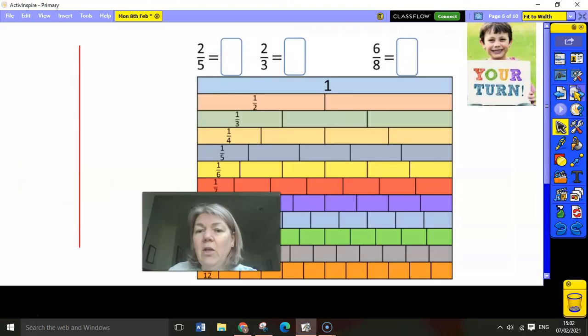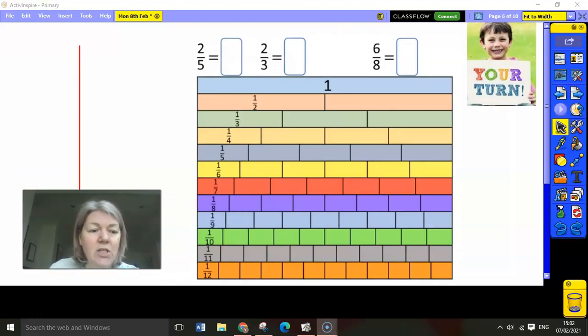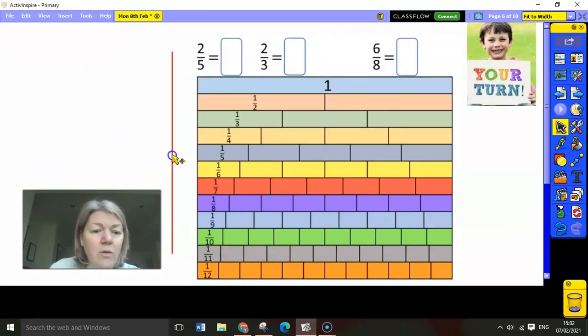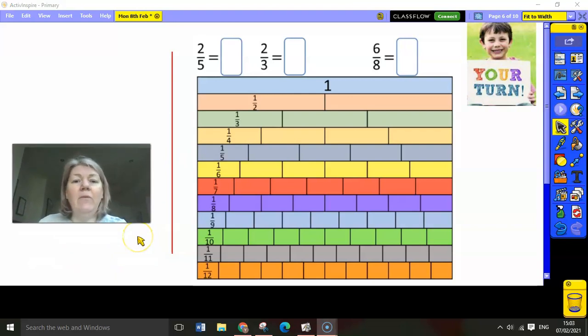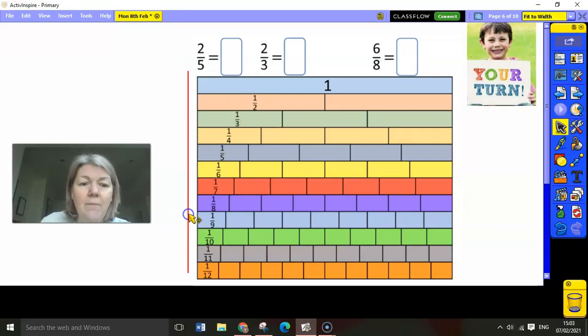So we're going to be using this then today, and we're going to just start off by having a little go together, and then I'm going to give you a little bit of tinker time to have a play to see if you can find out lots of different equivalent fractions. But I can use my fraction wall that I've created now, and I can drag along my little ruler here, and I can put it on 2/5.